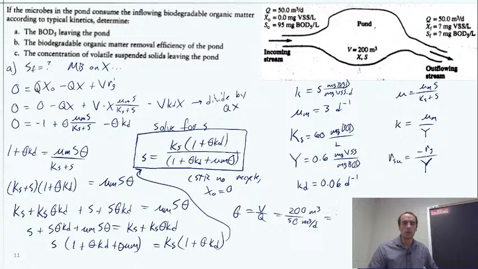So this should be 4 days. So with that, then we have everything we need, and it turns out that they just made the answer equal to the problem number, example 6.9. Milligrams BOD per liter. Okay, so that's the answer to part A.